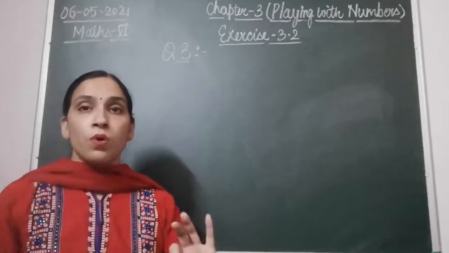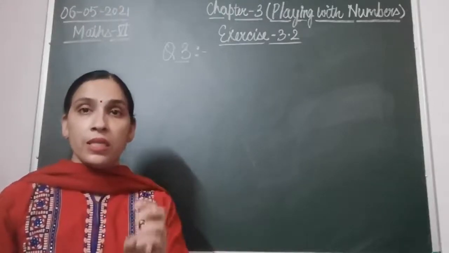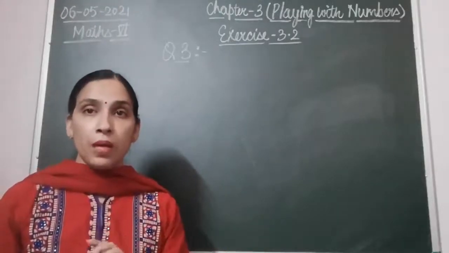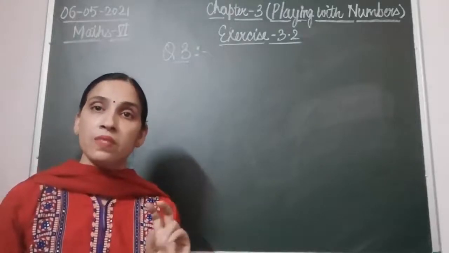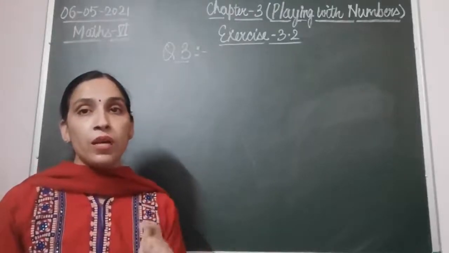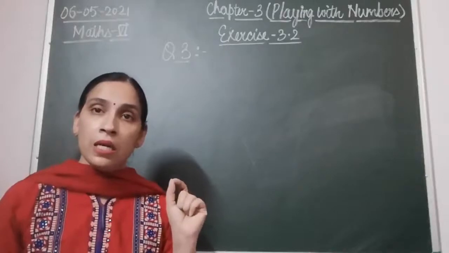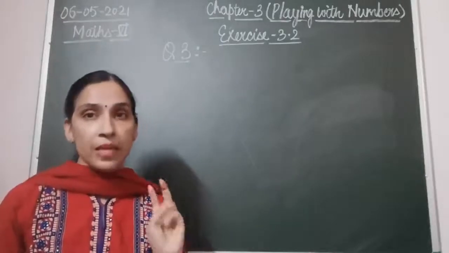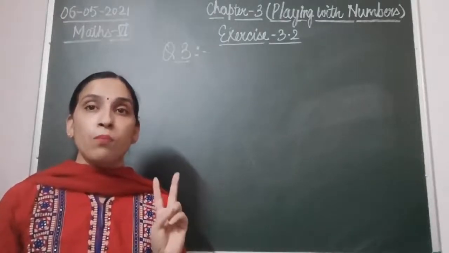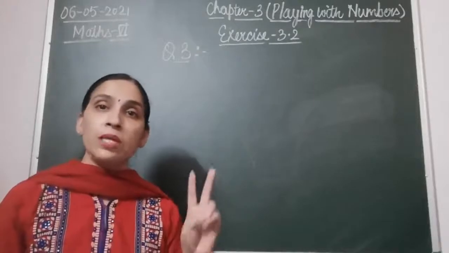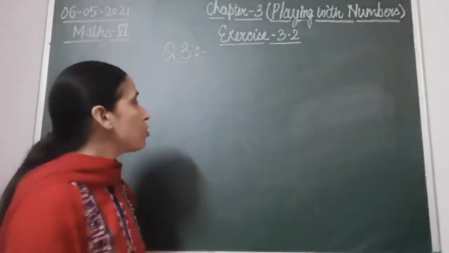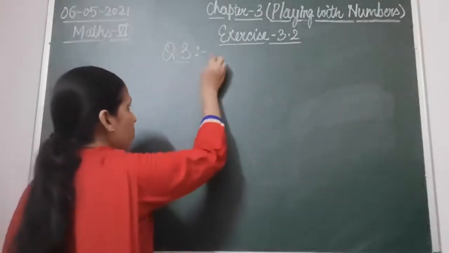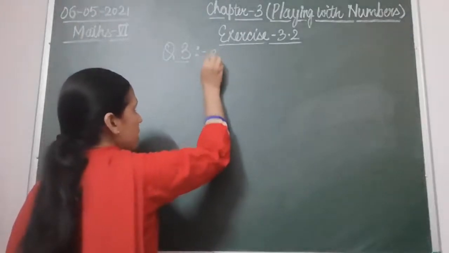Now what is given here in the question? 13 and 31 both are prime numbers, since both the numbers have the same digits. Now you have to find prime numbers which have the same digits and both of them lie between 1 to 100. So let's write the solution of this.